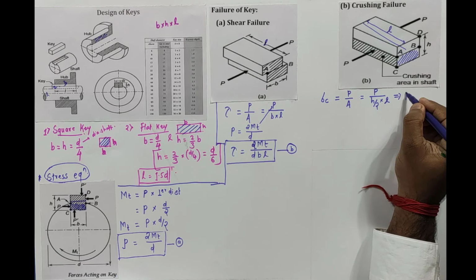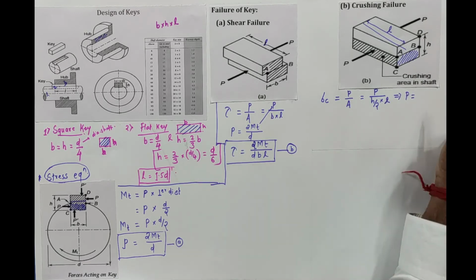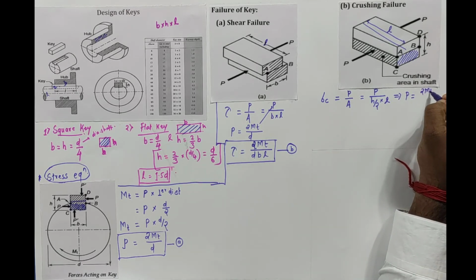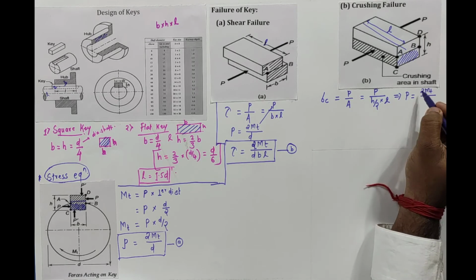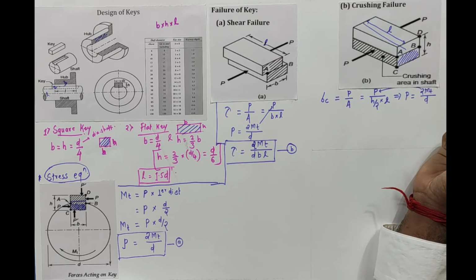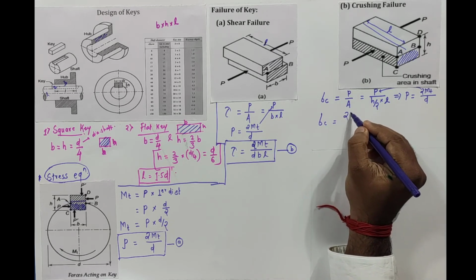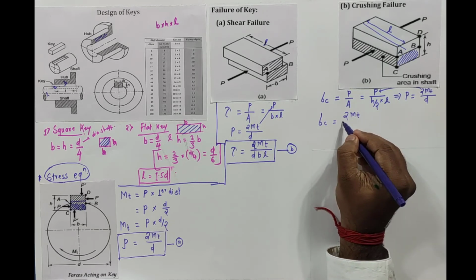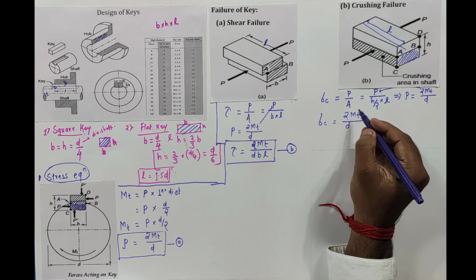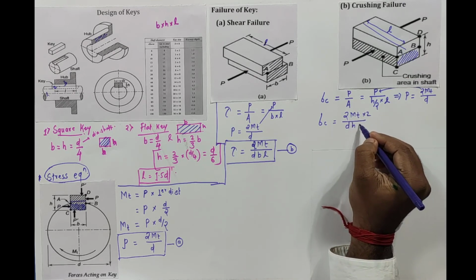But we know P is equal to how much? From equation 1, 2mt by d. So I will have to put this equation here. After putting this, I'll get crushing stress is equal to 2mt by (H by 2 into l), that is 2 into 2mt by dHl.